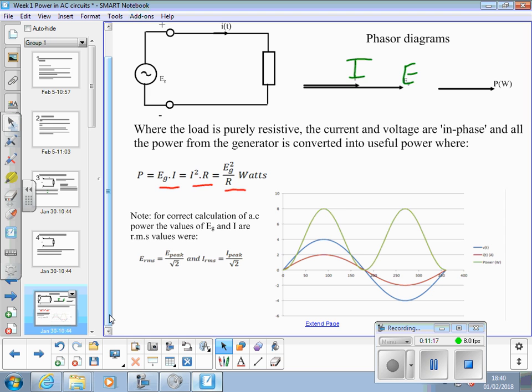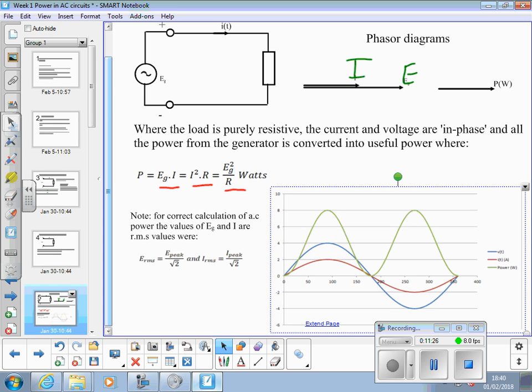So if we graph these, and I'm a bit annoyed about this projector because we can't hardly see anything in my slides. The blue one is voltage, the red one is the current, and the yellowy greeny looking one is power.